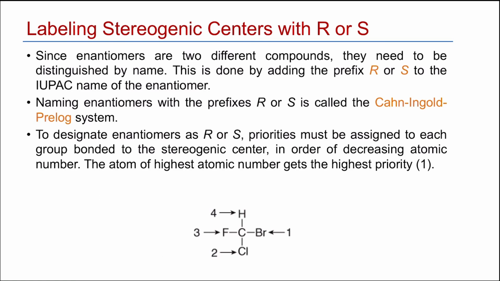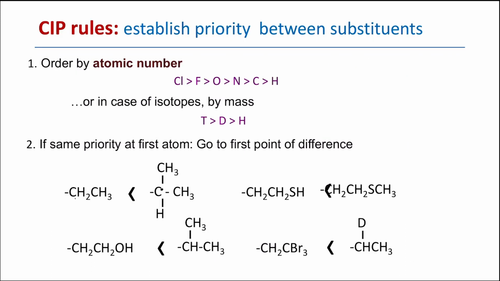The CIP rule is the Cahn-Ingold-Prelog rule. So before we start assigning the configuration of our chiral center as R or S, we need first to familiarize ourselves with the CIP rule.